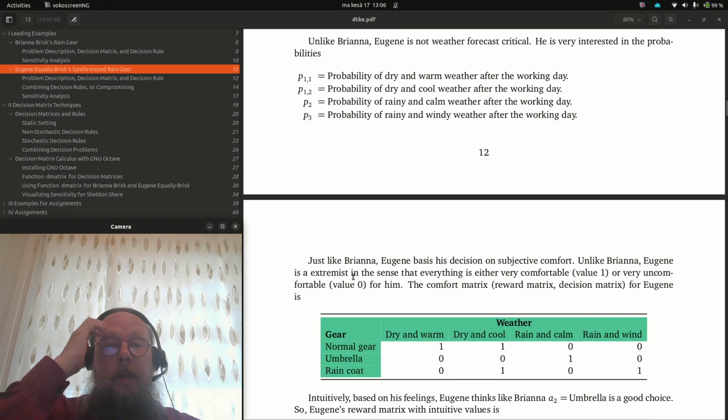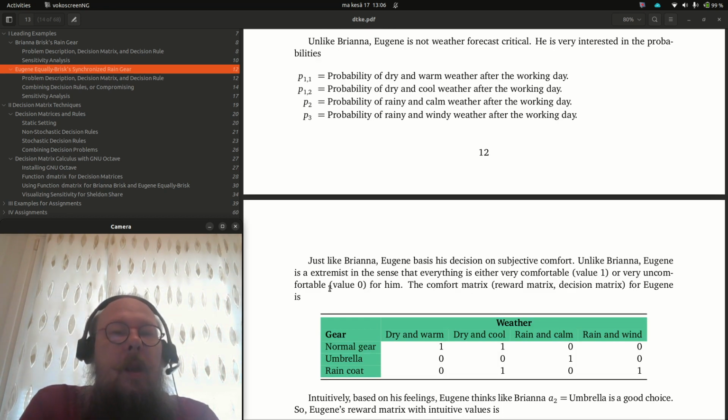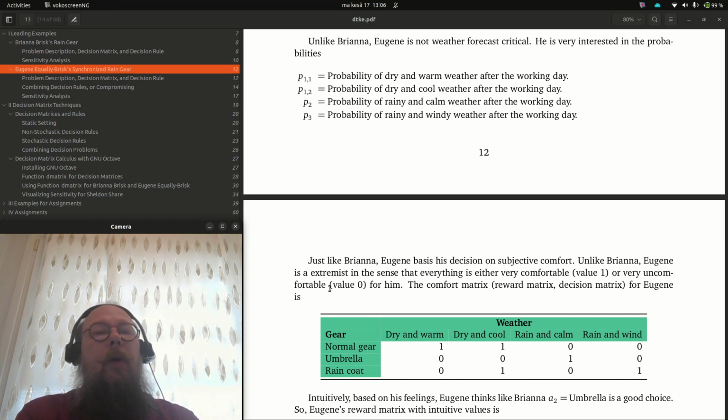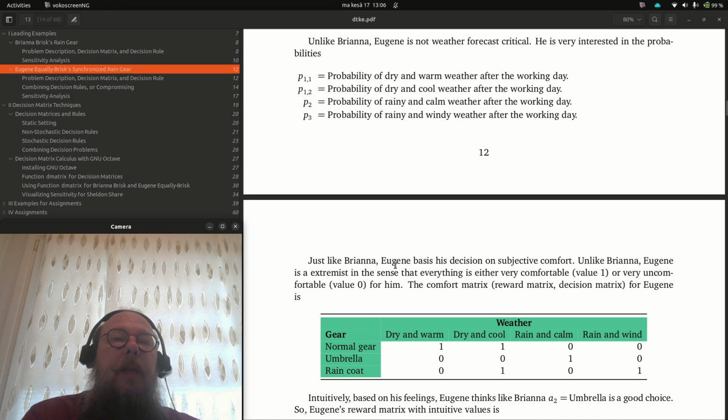So before that, let's have a decision matrix or reward matrix, and just like Brianna, Eugene bases his decision on subjective comfort. So Brianna used subjective comfort as rewards, so does Eugene, but Eugene is a little extremist.